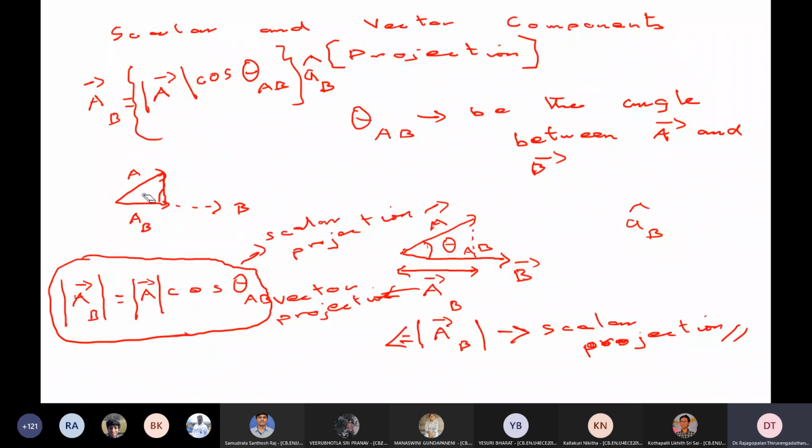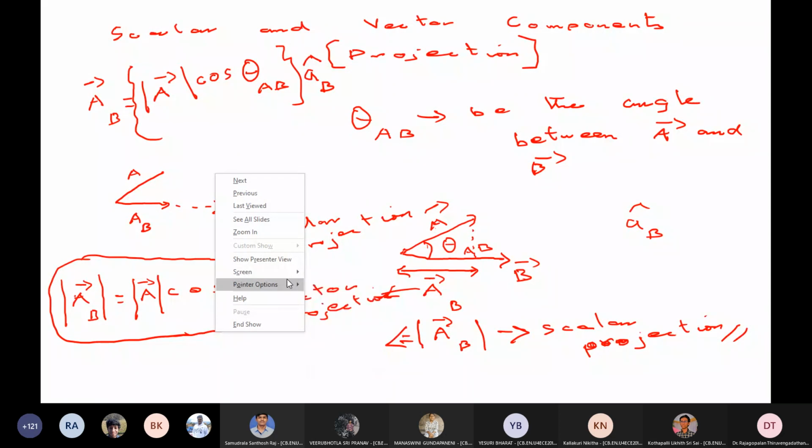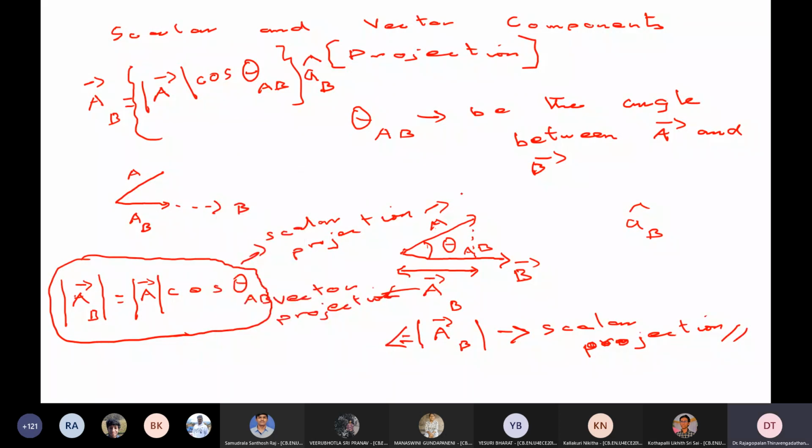So this vector plus this vector will be this vector. You can see that in this case this is going to be smaller than this, so I rather have to put the arrow over here. That will make more sense.